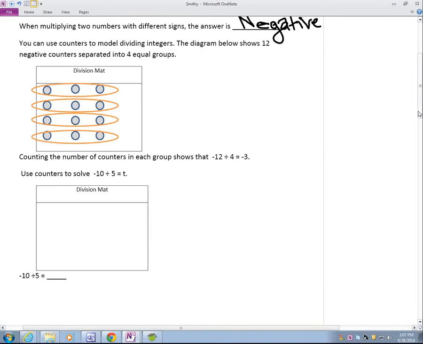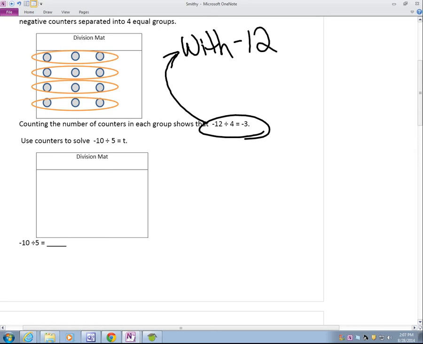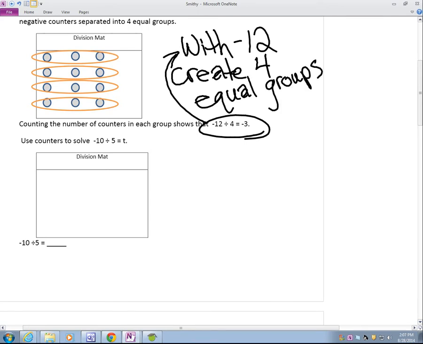So, you guys remember talking about the story with multiplication of integers? The story of this, and do write this down, is: with negative 12, create 4 equal groups.